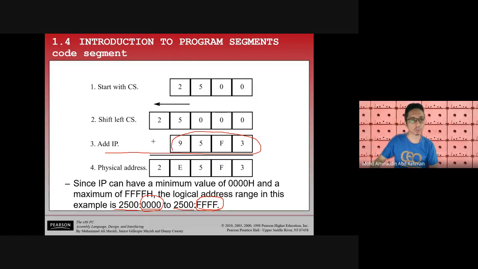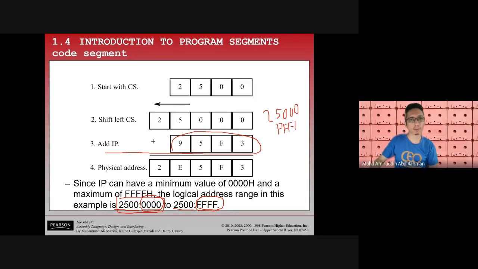So you can also obtain your physical address. What is the physical address of this? The physical address of this is 25000. How about this one? The physical address will be 25000 added with FFFF.